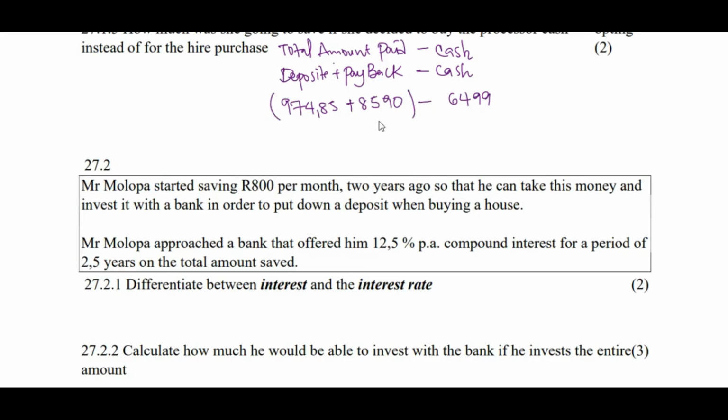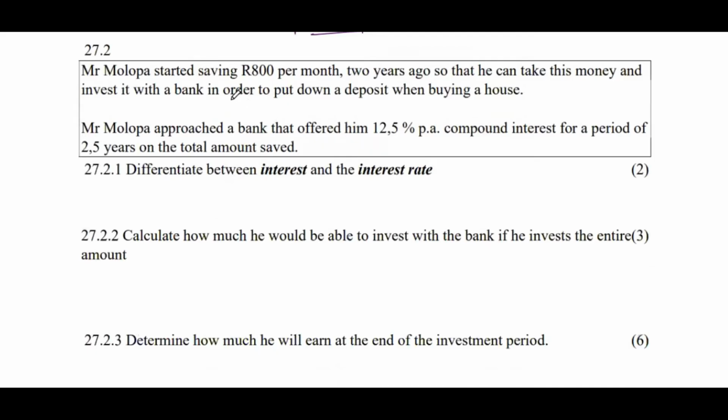Why do we include the deposit? Because it was also paid. So she would have saved 30,000. And did they ask monthly? You divide by 36 because they are 3 years. All right, 27.2.